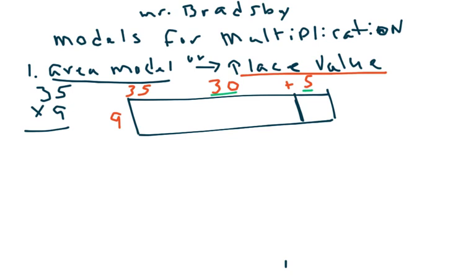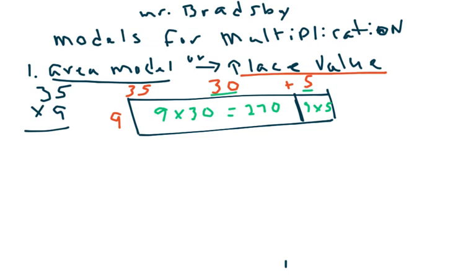So 9 times 30 plus 5, we do that by showing the area is 9 times 30 and 9 times the 5. Then we go over here and write down the answers. 9 times 30 is 9 times 3 is 27 tens, because it's got 30.